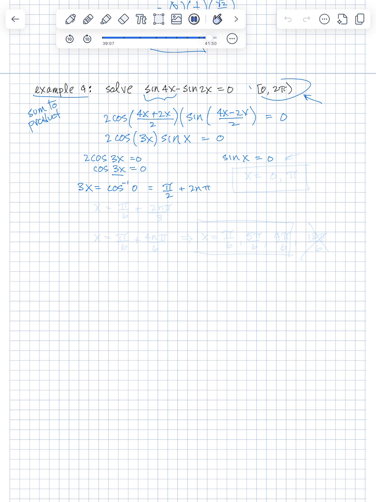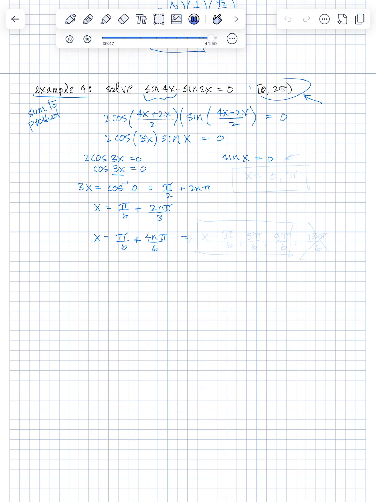So this gives us x, we're going to divide everything by 3. x is equal to pi over 6 plus 2n pi over 3. Now, just to make things a little easier, I'm going to rewrite this as x equals pi over 6 plus, I'm going to change the 2/3 into 4/6, so it's going to be 4n pi over 6.